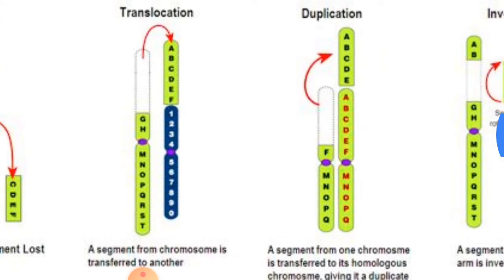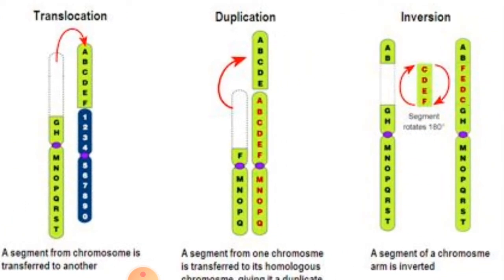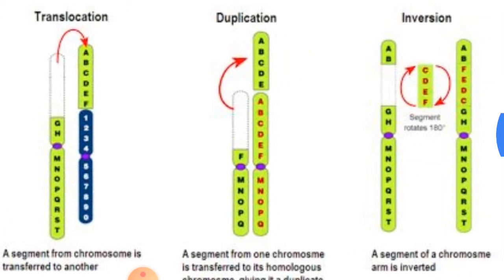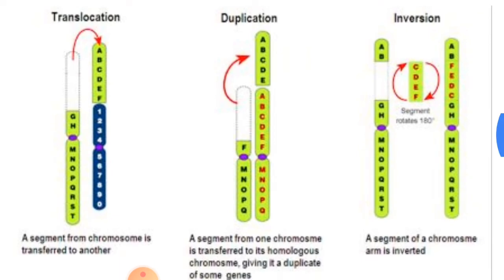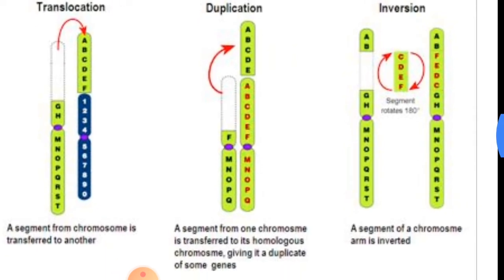Next is the duplication. Now in duplication, you see here, I hope you are understanding. A segment from one chromosome is transferred to its homologous chromosome, giving it a duplicate of some of the genes.